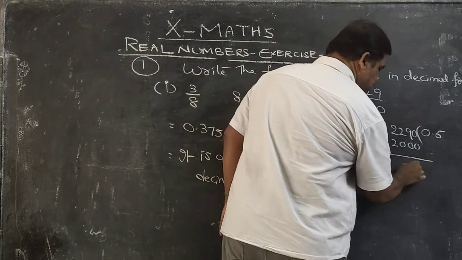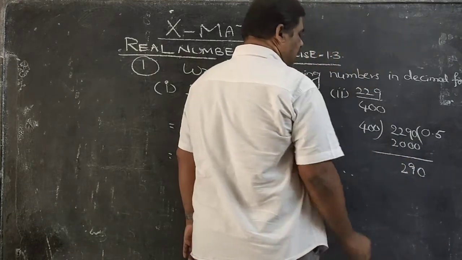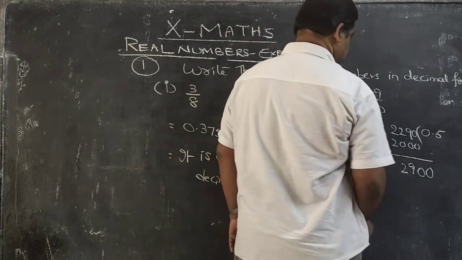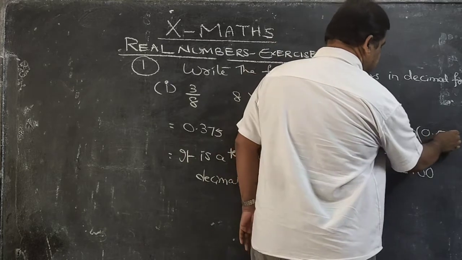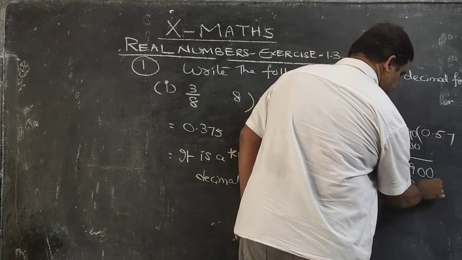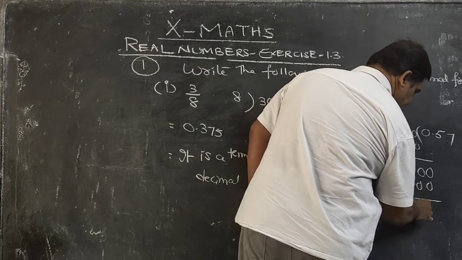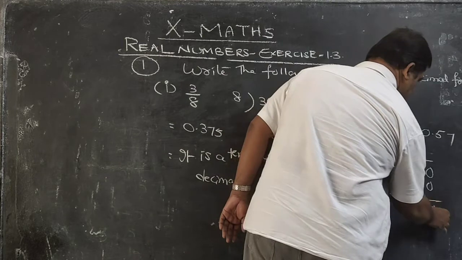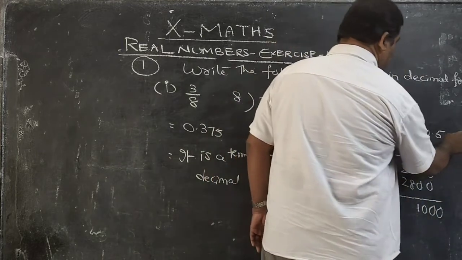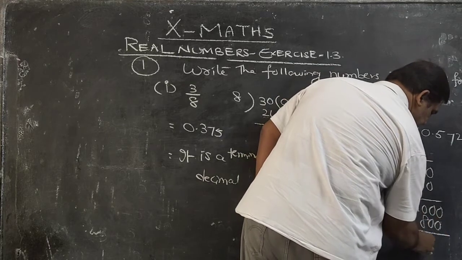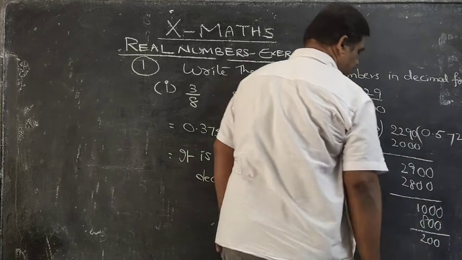Here the remainder is 290. Again keep 0. 7s are. Here the remainder is 100. Keep 0. 400 into 2, 800. Remainder is 200.